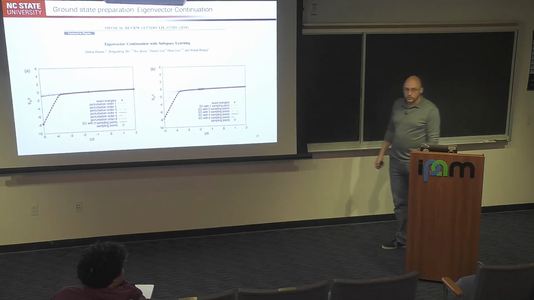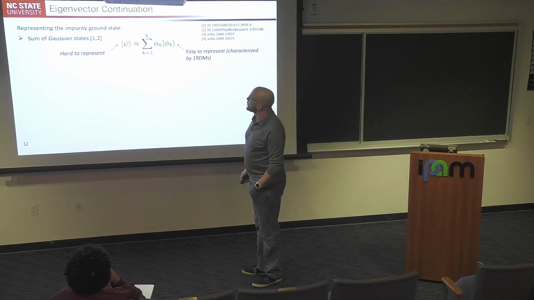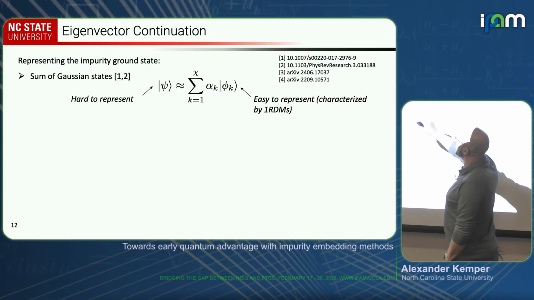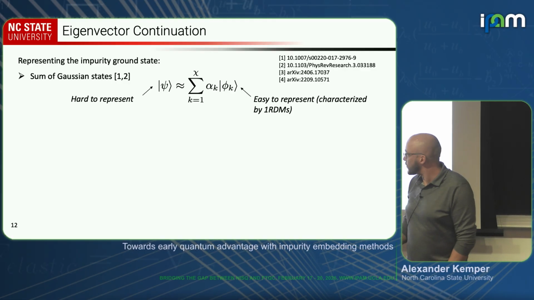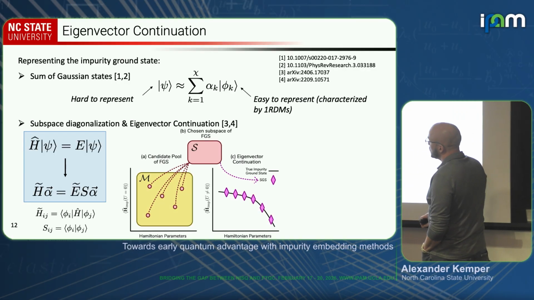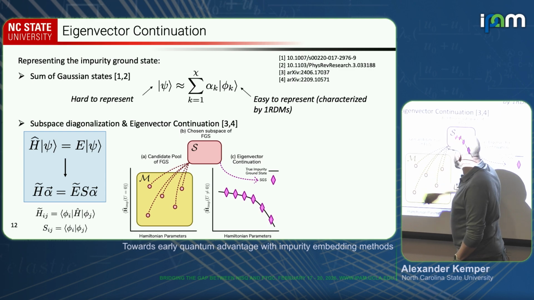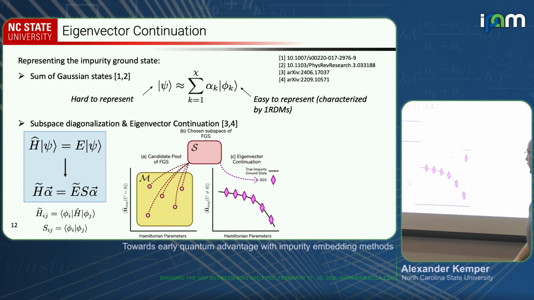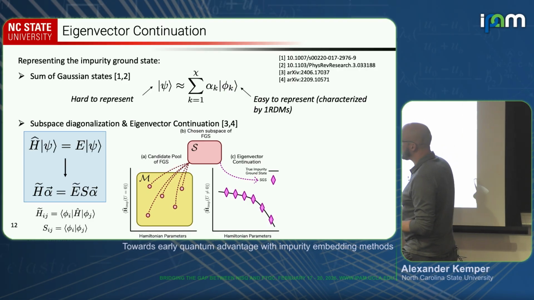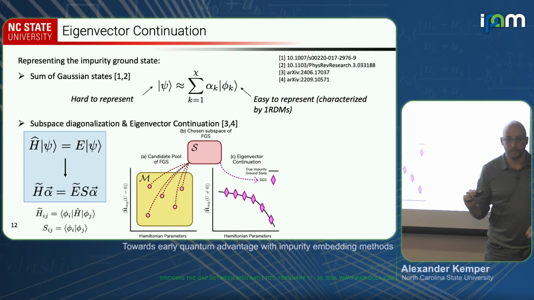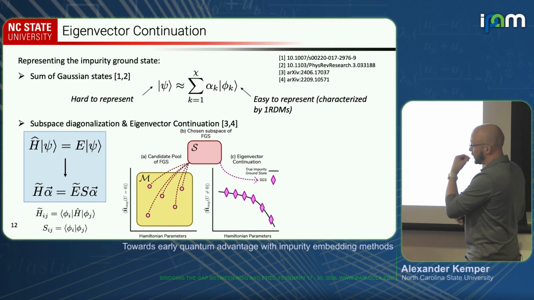Okay. How do we apply this to DMFT? Well, we'd like to represent my impurity wave function as a sum of some Gaussian states. Gaussian means easy, means non-interacting. So what we do is we sample over all the possible Hamiltonian parameters I can have for the non-interacting impurity. So I set U to 0. I just have some non-interacting impurity model.